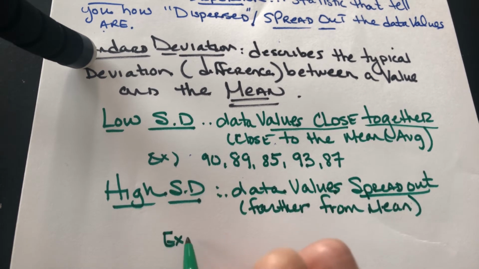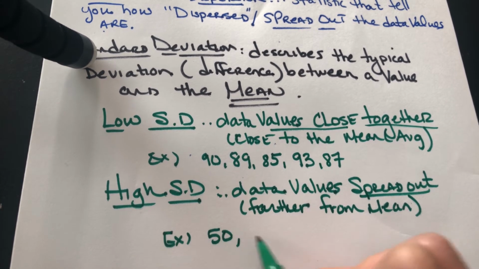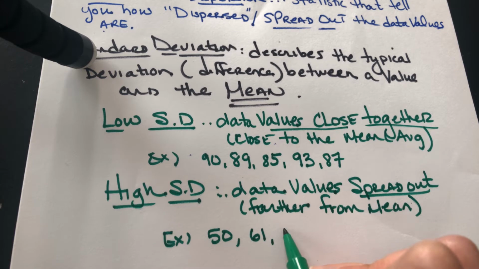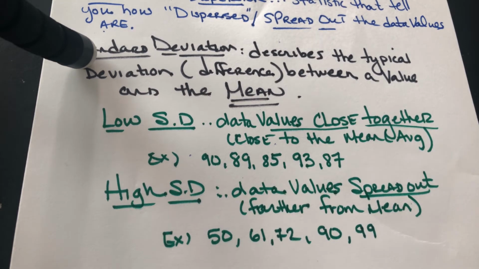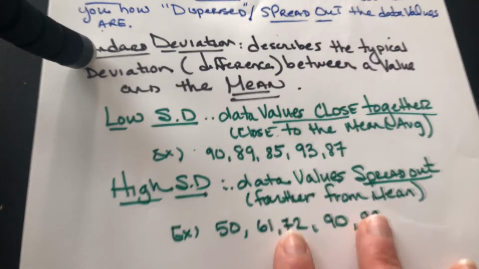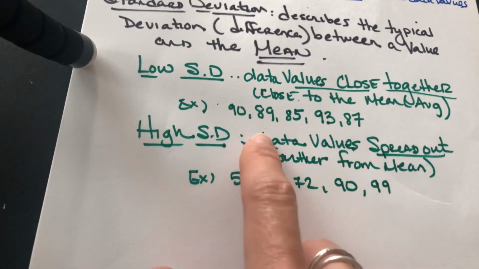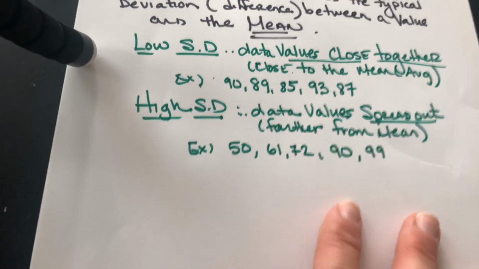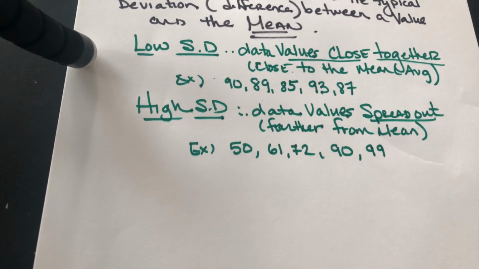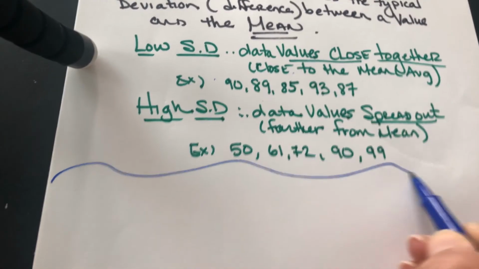So for example, I had a 50, a 61, 72, a 90, a 99, something like that. Obviously, they're further spread out. That's not going to be a super high standard deviation, and we're going to be able to figure out the standard deviation. But something like this would be low, and something like this would be higher because the numbers are further spread apart.